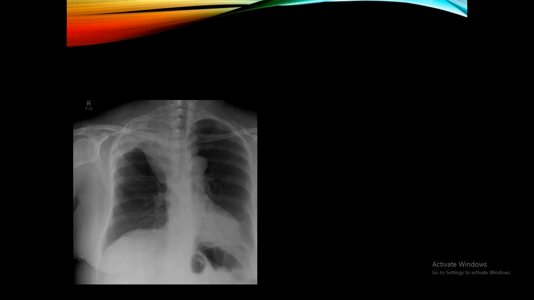But in this chest X-ray the horizontal fissure has a strange shape. It is depressed medially and elevated laterally, making what we call the reversed S sign, or Golden S sign. The Golden S sign is a sign we see when we have a hilar mass that depresses the horizontal fissure in its medial part, and at the same time this mass presses on the bronchus and obstructs it, resulting in right upper lobe collapse. This collapse elevates the lateral part of the fissure, so we see the fissure in this reversed S shape, which is specific for hilar malignancy with right upper lobe collapse.